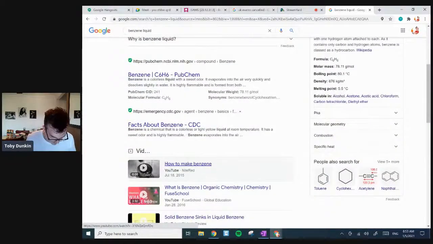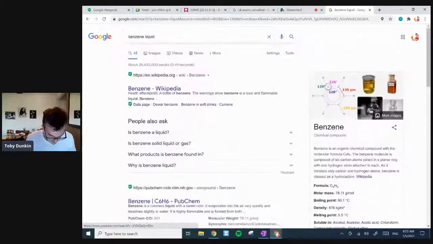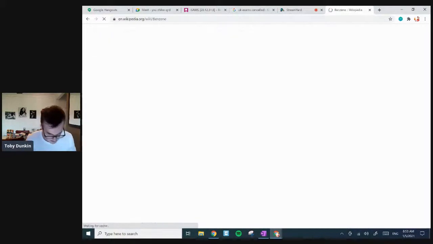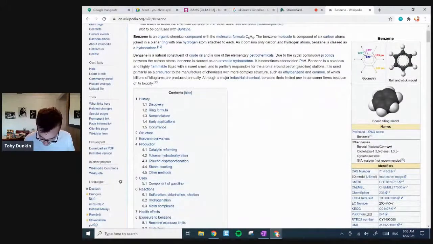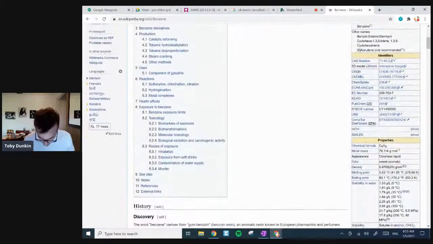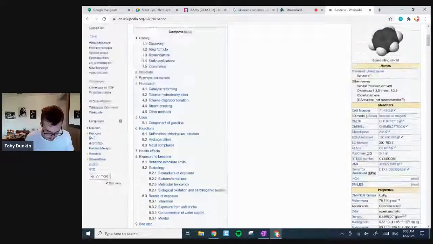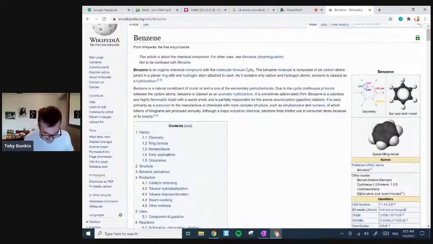There you go. How to make benzene liquid. It's almost colorless. It's a toxic flammable liquid. Let's just have a quick look at this. There you go, colorless liquid. Yeah, sweet odor, sweet and aromatic. No, it's a nightmare. They're even using that in the description.